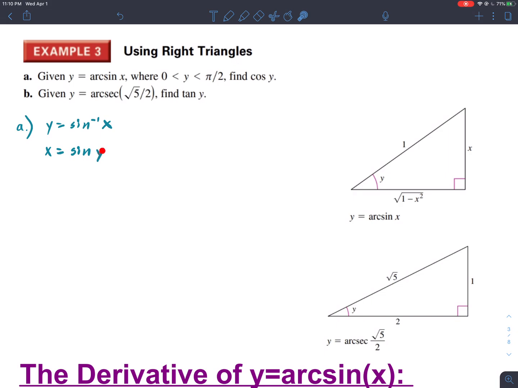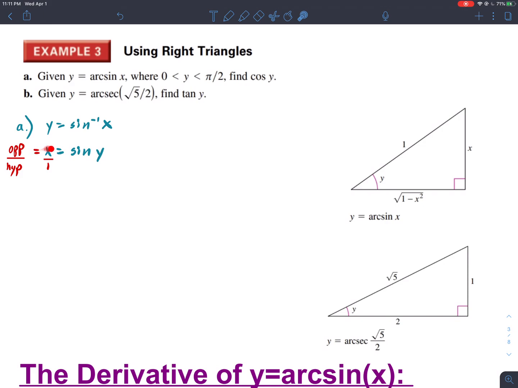So if y is the angle plugged into sine, and it yields a value of x, then that means the opposite of angle y must have been x, and the hypotenuse must have been 1, because sine is opposite over hypotenuse.